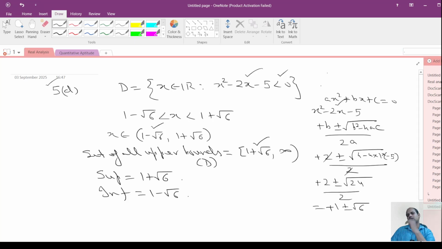The remaining questions, we will do more questions of such type using the Archimedean property of R. Next we will learn about the nested interval lemma and some questions based on the Archimedean property of real numbers, then representation of real numbers, and again we will come to the concept of countable and uncountable sets.